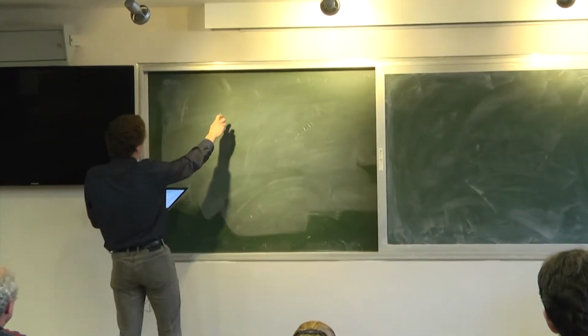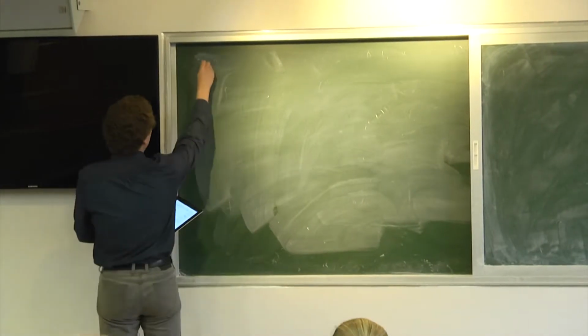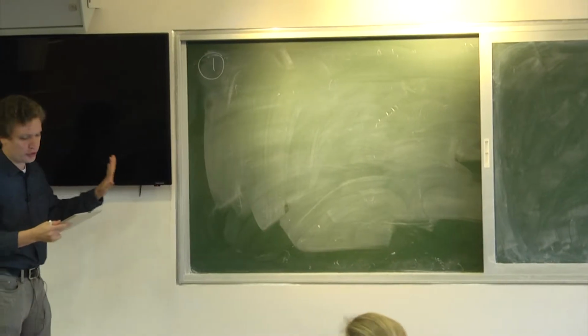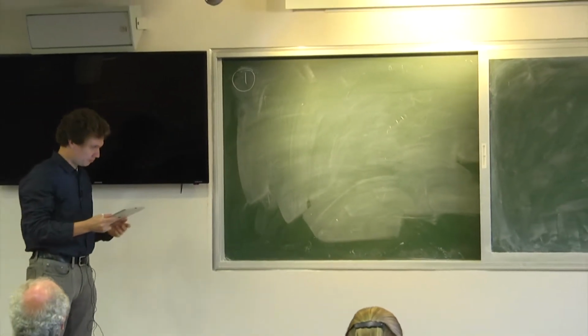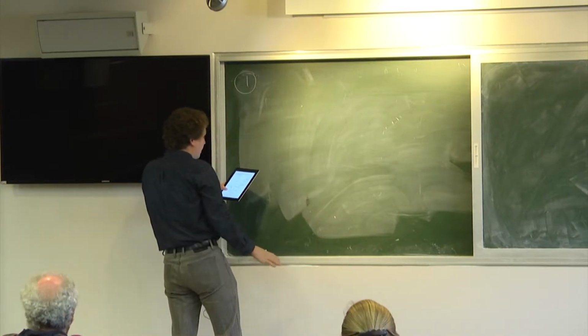So I want to somehow draw the diagram with the most important objects, most important players that are related.